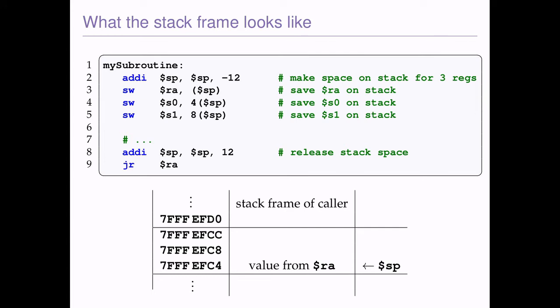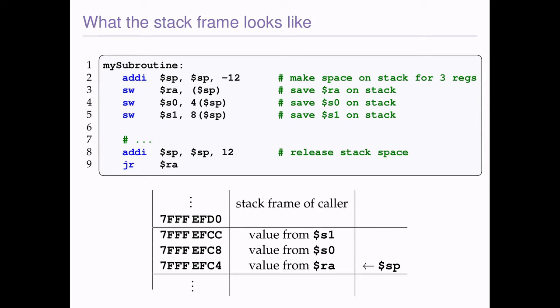So we have the value from RA that's stored in memory at the stack frame. And next we store the word from S0 at 4 of the stack pointer, so we're going up 4. Remember, because it's going downwards, we need to go back up to get to the space above the RA. So above the RA, we're going to have the value from S0. And similarly, afterwards, we're going to have the value from S1.